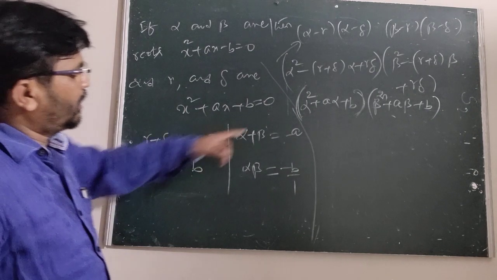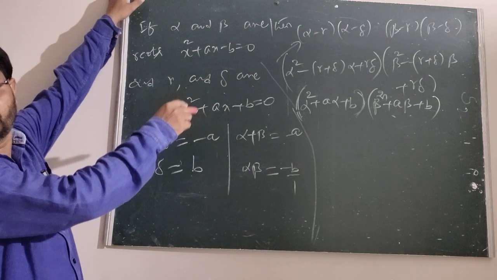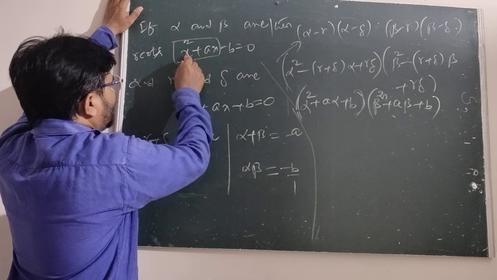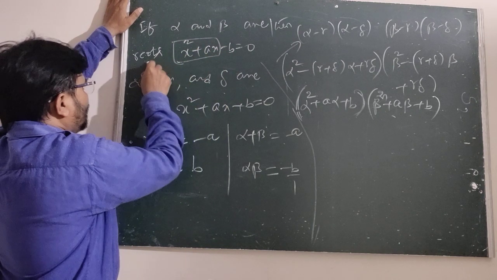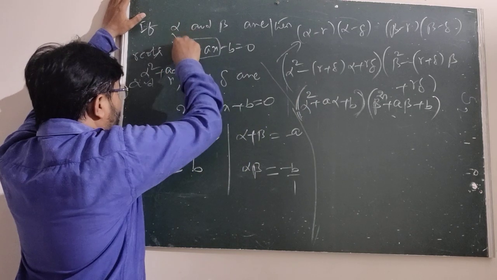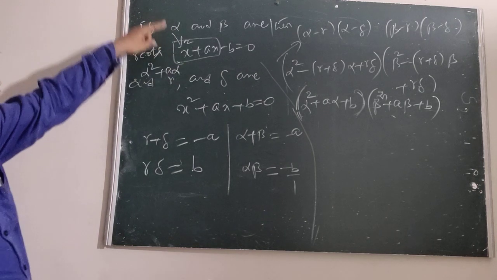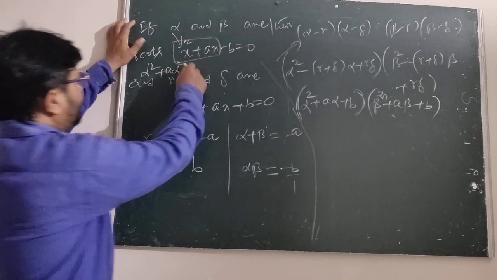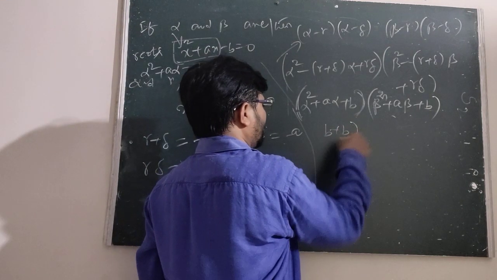Here alpha square plus a alpha: suppose alpha is substituted in the first equation. Alpha square plus a alpha is there because alpha is a root of the equation. Therefore, we substitute alpha square plus a alpha equal to b. Now this is b plus b.